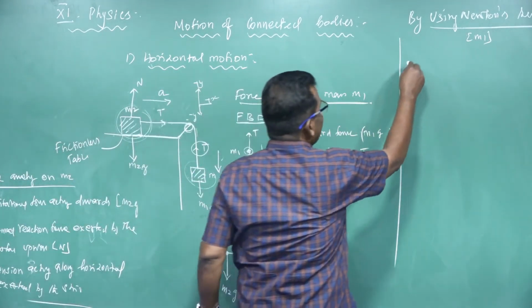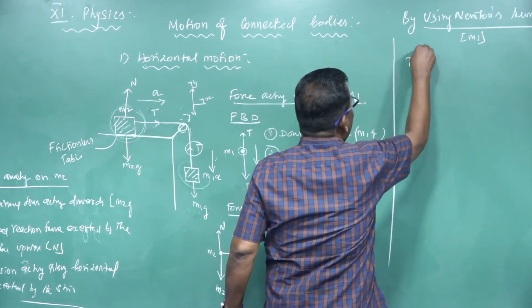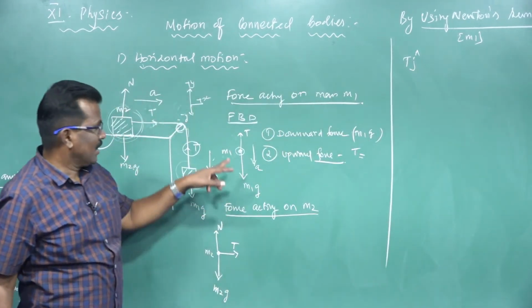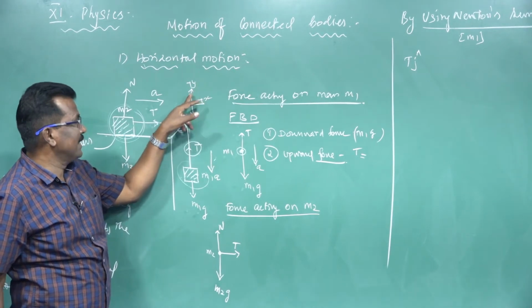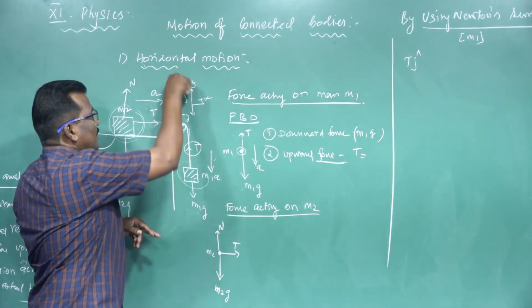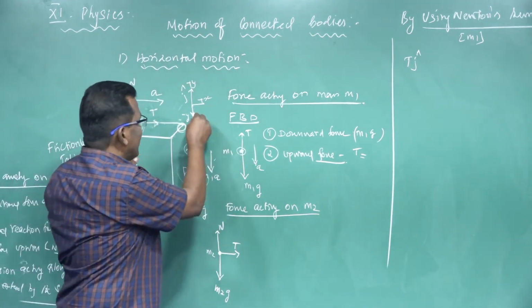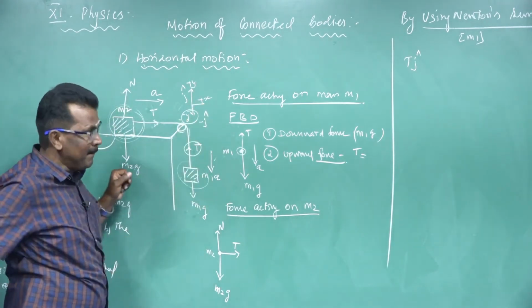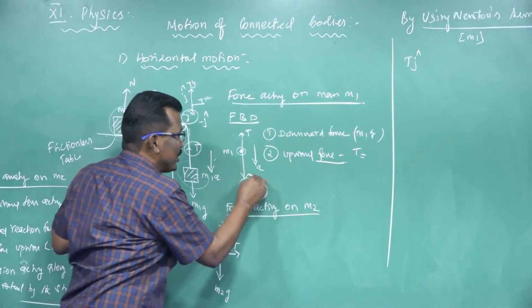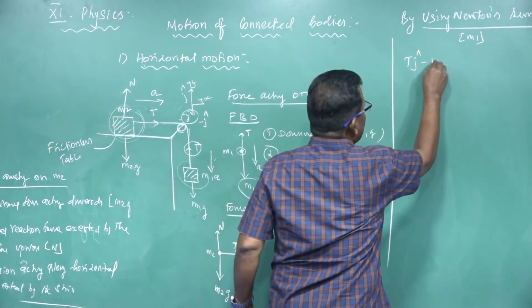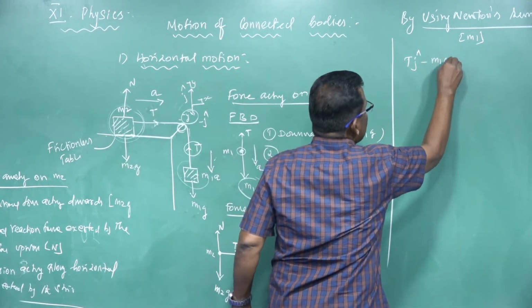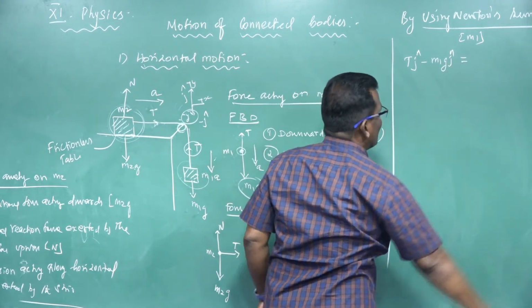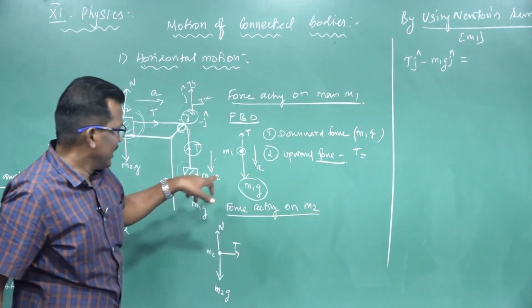So T j cap, the component along the y-axis, j cap. But the component along the negative y-axis is minus j cap, and it is M1g. So minus M1g j cap is equal to the force ma.